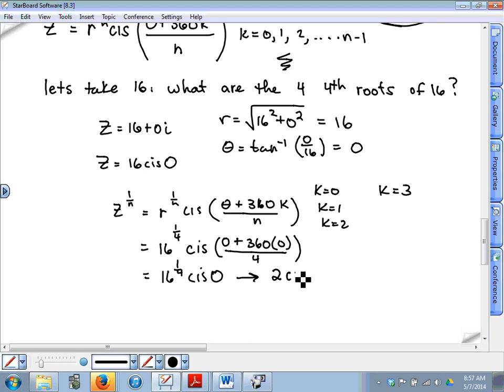So this is 2 times CIS 0. Now we've got to put this back into standard form. This is a polar form. What's the standard form? This is 2 times the cosine 0 plus I sine 0.